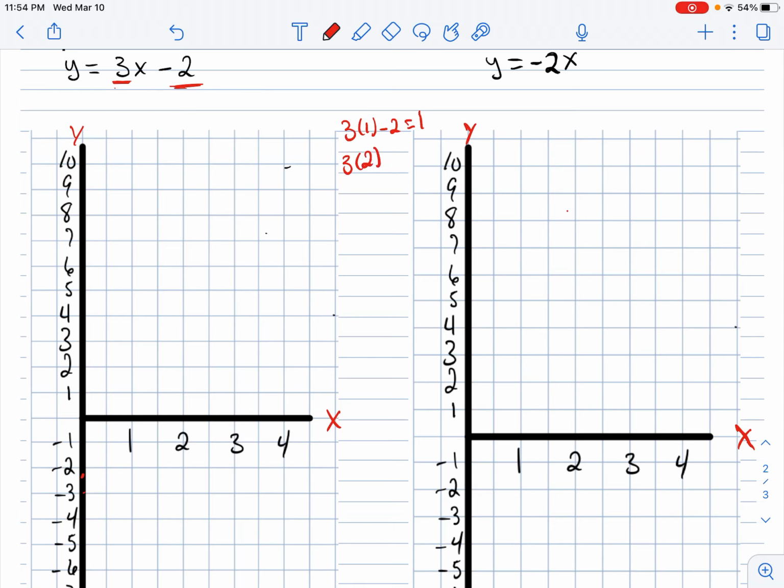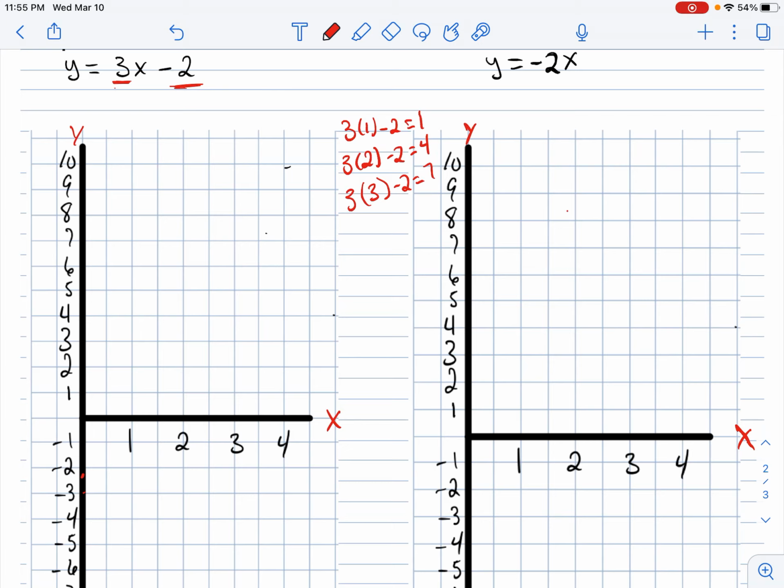When x is 2, you get 3 times 2 minus 2. So that's going to give us 6 minus 2, which is 4. When x is 3, we get 3 times 3 minus 2. That's going to be 9 minus 2, which is 7. And so on. So you can keep plotting these points.